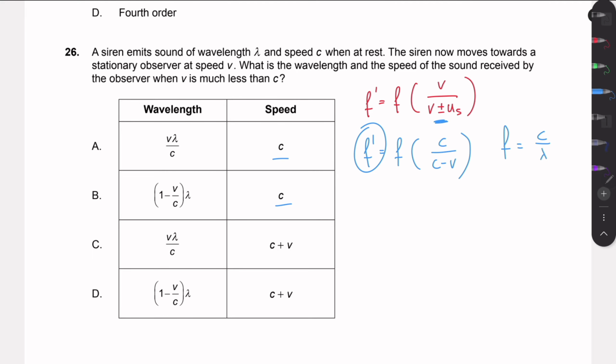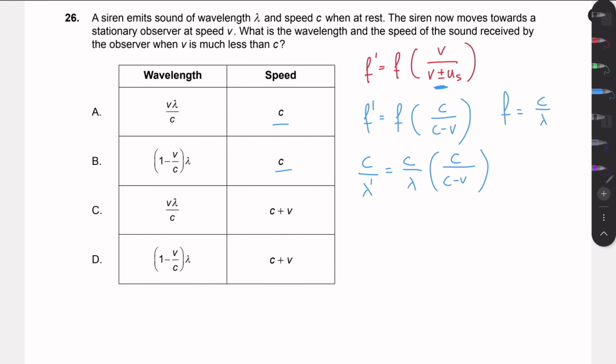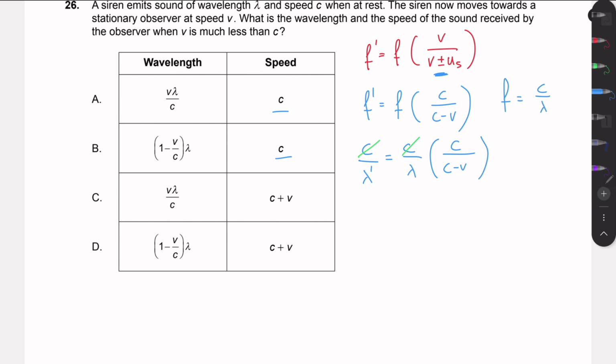So if we replace these frequencies with terms of wavelengths, we'll see that c over the new wavelength is just c over the old wavelength times c over c minus v. The c's will cancel out, and we can take the reciprocal of both sides to get rid of the fractions, or just multiply across.